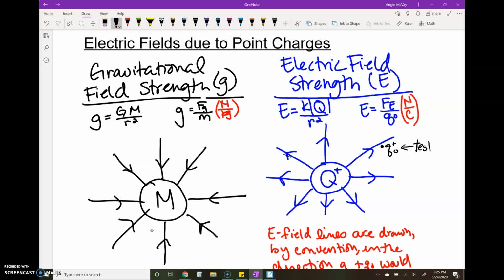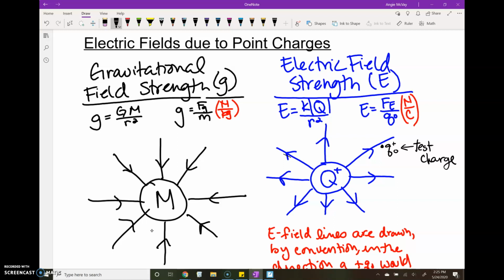Test charge. Okay, and when we're trying to figure out the direction that the electric field should be drawn in a region, I want you to imagine that there is a tiny positive charge, and imagine what direction that charge would go in that region. And anywhere in this region around this big positive charge, our tiny positive test charge would be repelled outward.